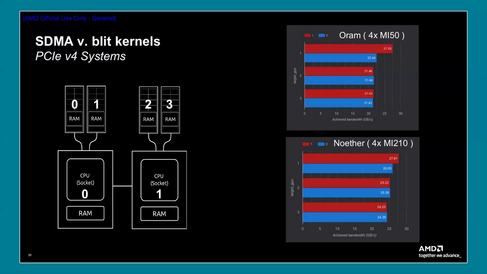Having SDMA on this system is definitely more beneficial if I'm communicating within the same NUMA domain. If I'm going across NUMA domains, it really does not have much of an impact. So it's worth checking this for whatever system you're running on. And of course, your mileage is going to vary depending on how your application is actually doing communication.